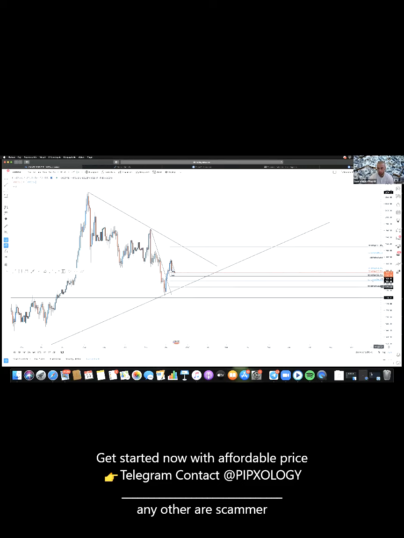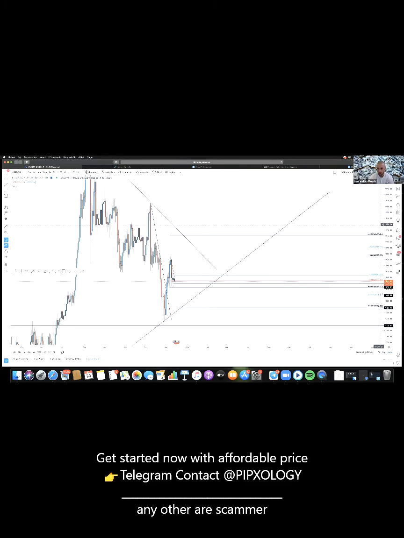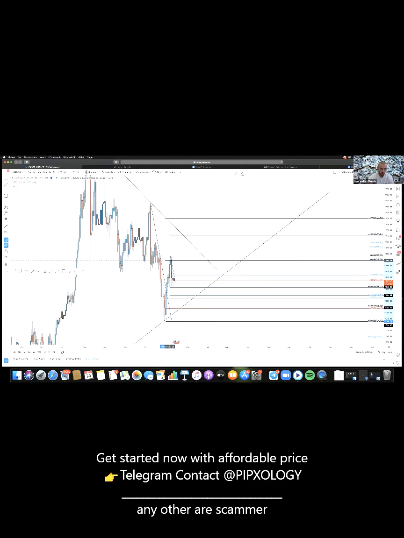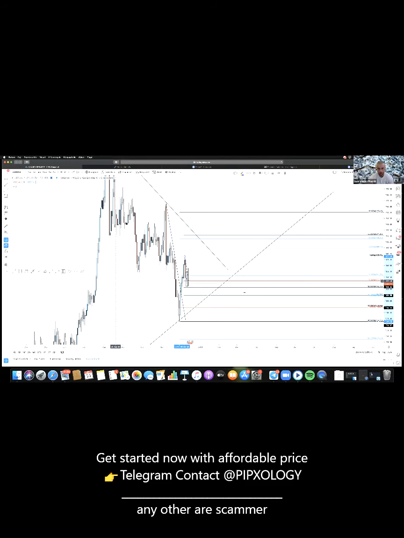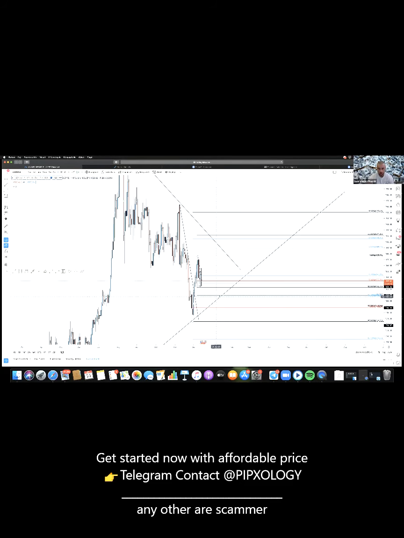And you can see the 127 matches perfectly with the minus 27 H4. Let's have a look another way of the Fibo from low to high, and you see it's also 61.80 perfectly. So we have lots of confirmation on this level.